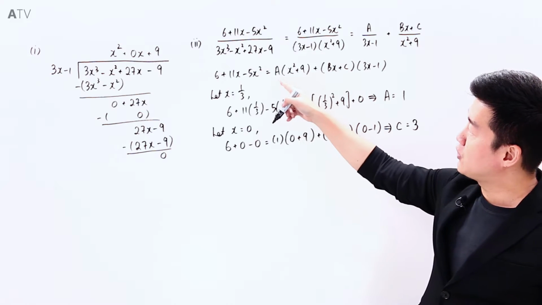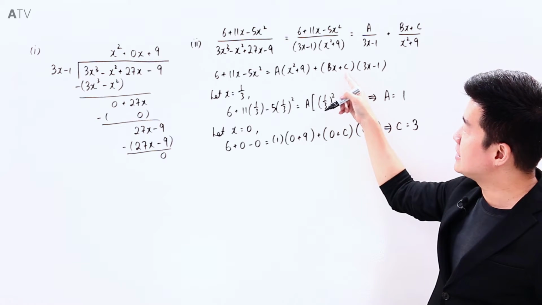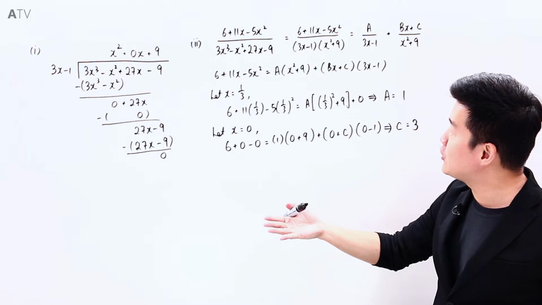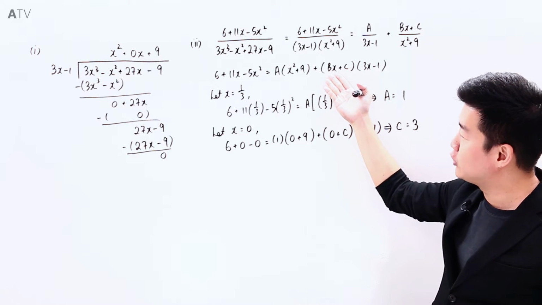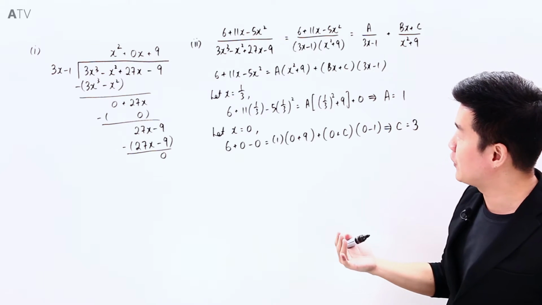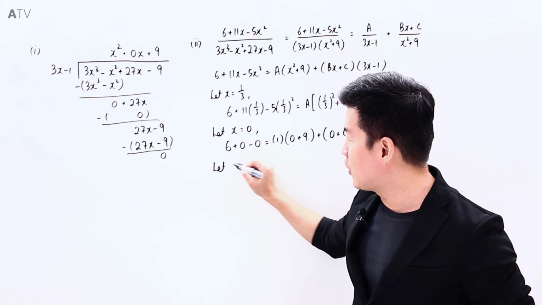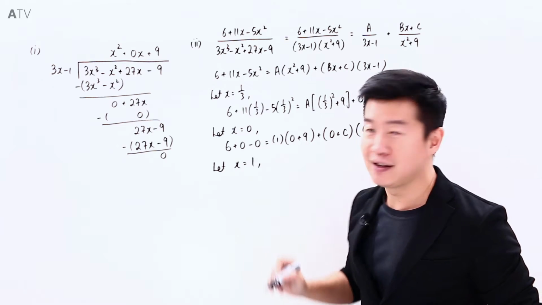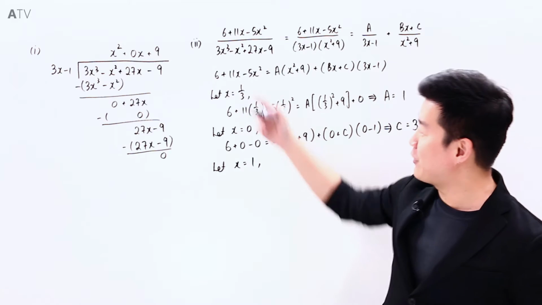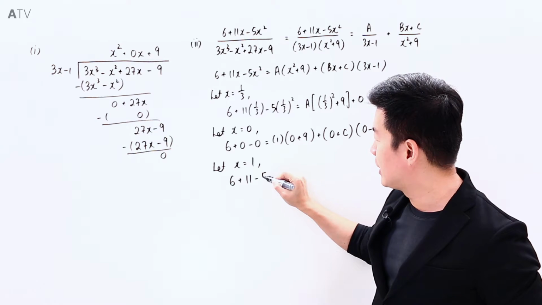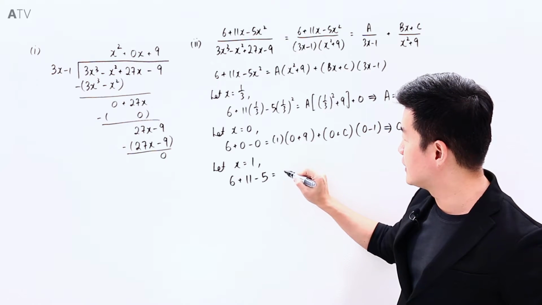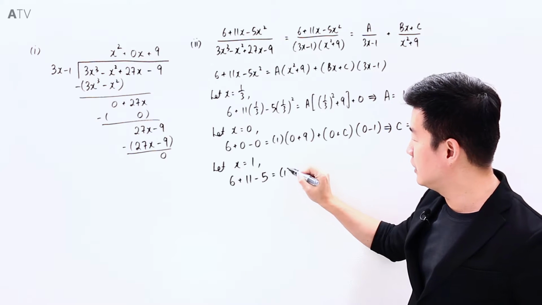And since I've already solved for A and C, I can just substitute any value for x. That will give me an equation that has B as the only unknown, which will of course allow me to solve for B. So let me go for a value of x to be 1. So on the left hand side, it is going to be 6 plus 11 times 1 minus 5 times 1 squared is equal to A, which is 1.